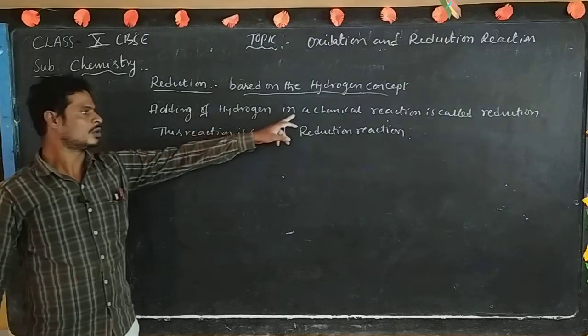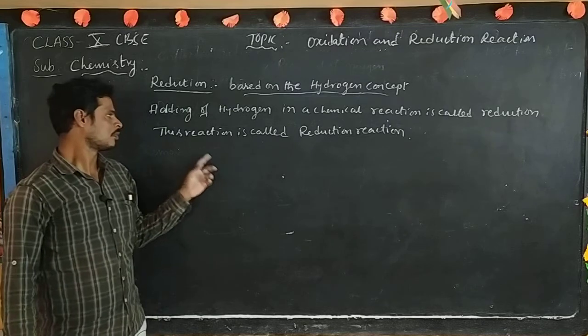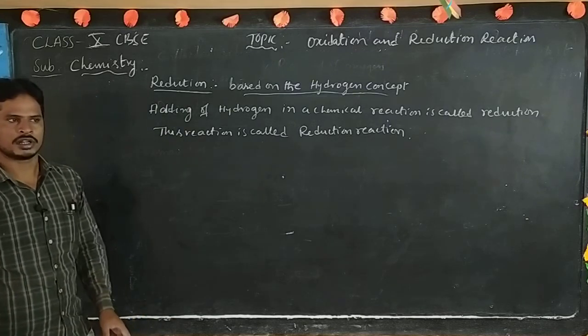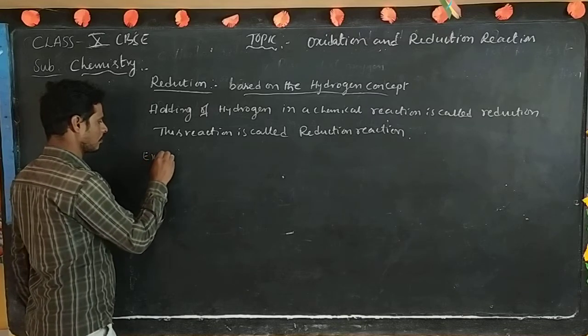Adding of hydrogen in a chemical reaction is called reduction. This reaction is called a reduction reaction. Now let me take example 1.